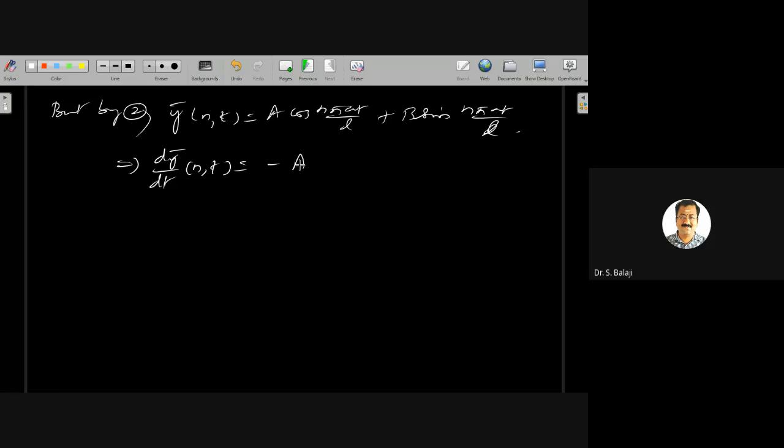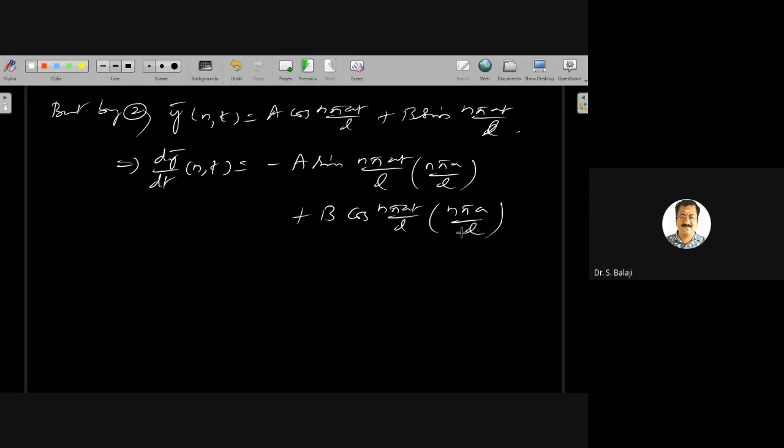What you can get: minus a sin n pi a t by l into n pi a by l, plus b cos n pi a t by l into n pi a by l, after differentiation. But we need t equal to 0 here.